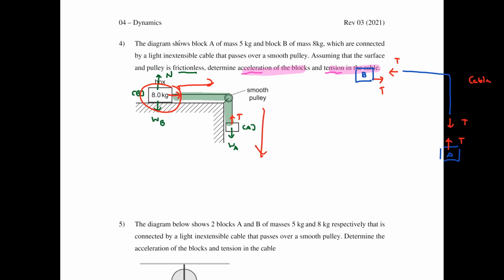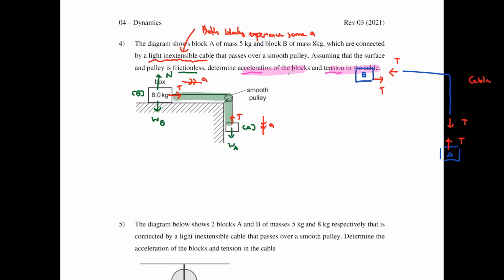Because both blocks are connected by a light inextensible cable, both blocks experience the same acceleration A. So this one will have an acceleration A downwards, and this one will have the same acceleration A towards the right.